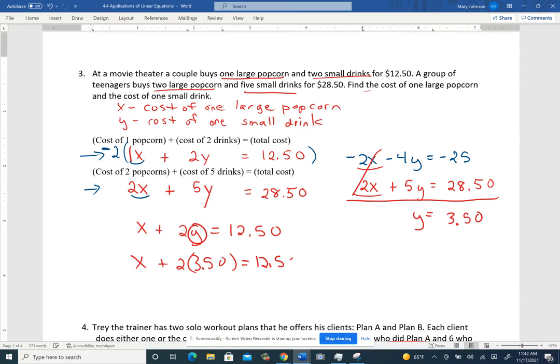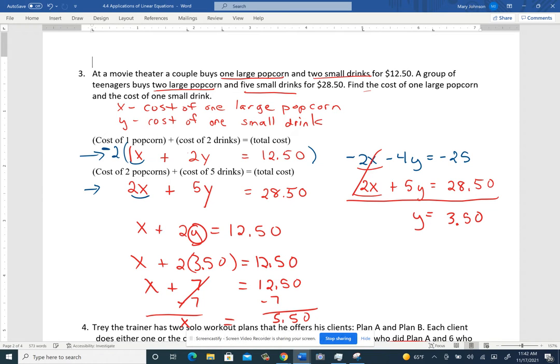And then work that out, and that'll tell me what x should be. So 2 times 350 would be 7. So x plus 7 would equal 1250. And then I'll take away 7 from both sides, and I wind up with x equaling 550.